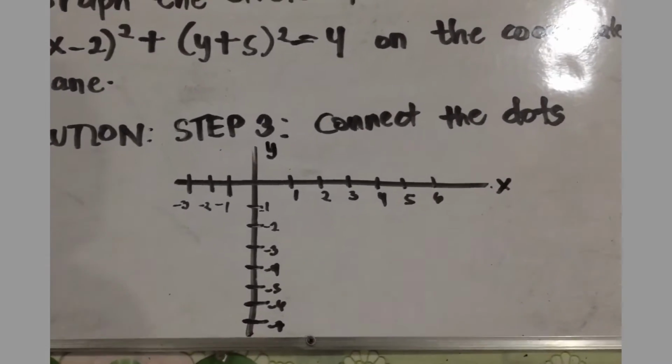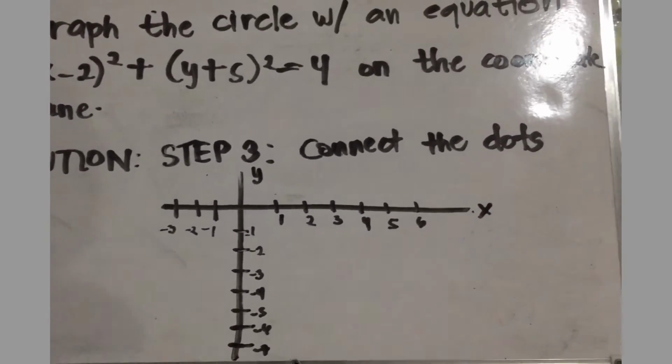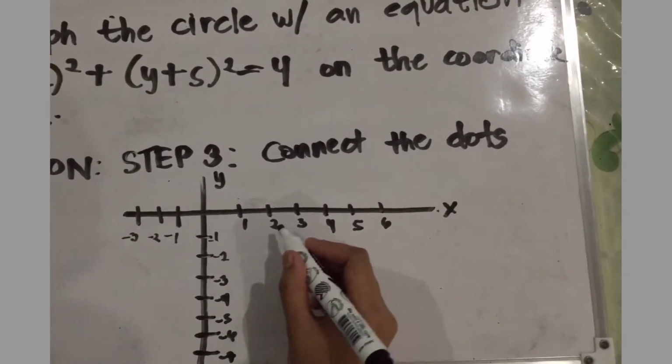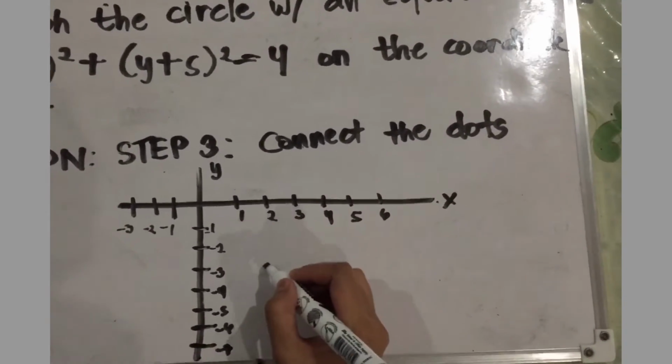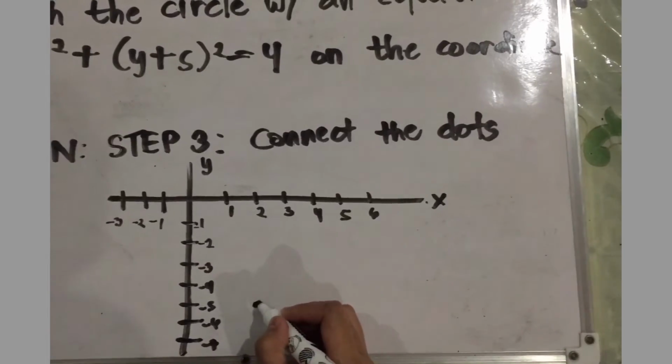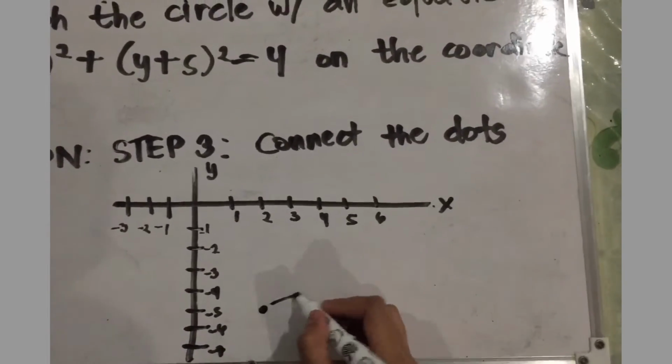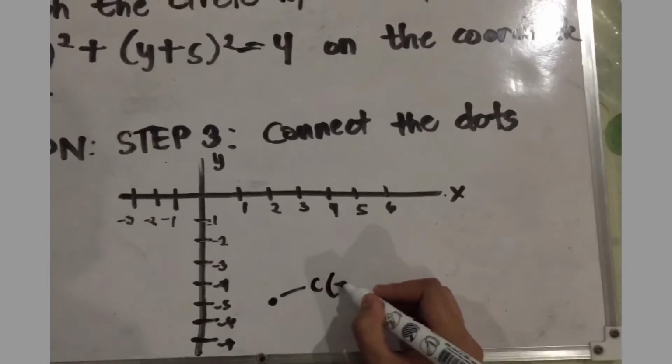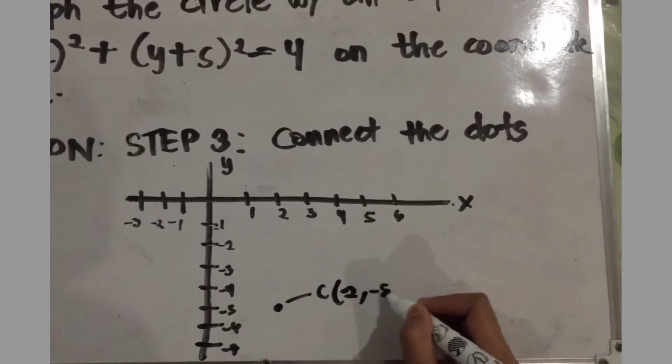So the center is (2, negative 5). To plot that, the point is here. That is the center, (2, negative 5).